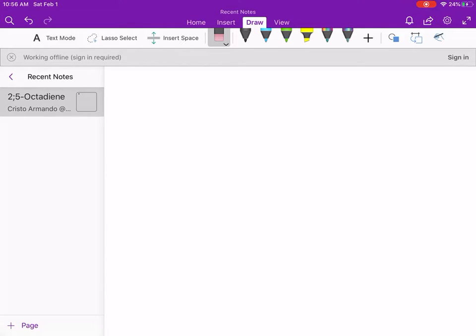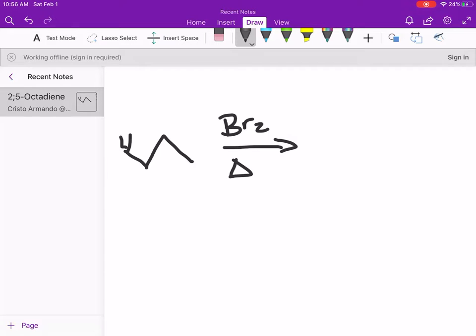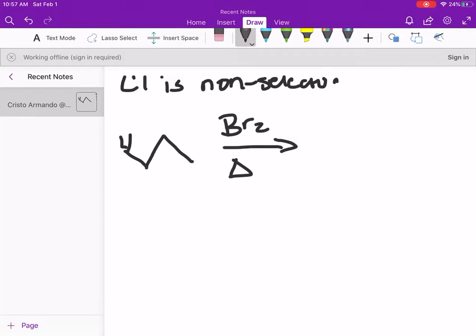Okay. With the same molecule of butane for problem number 4. Except this time we have Br2 in heat. And so something important to note here is that while chlorine is non-selective, Br is selective.